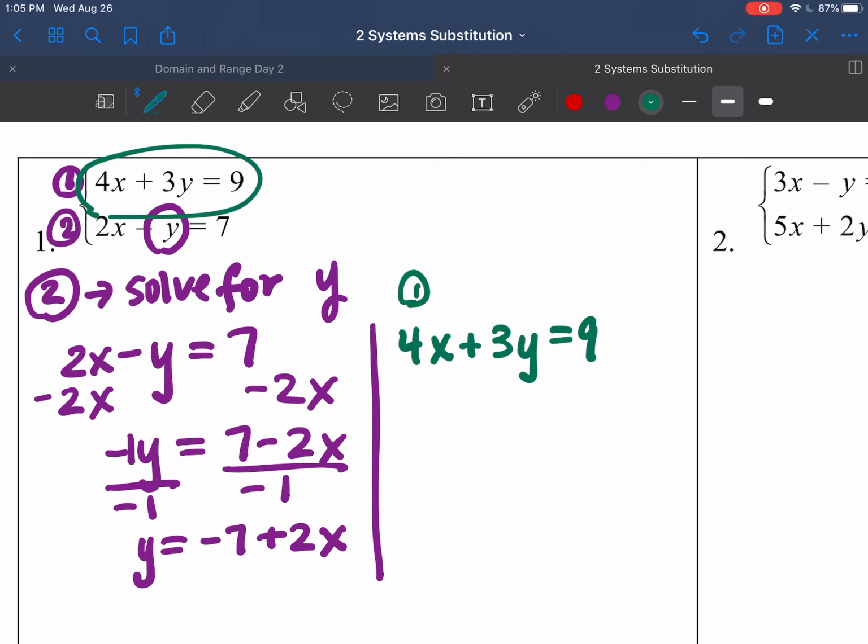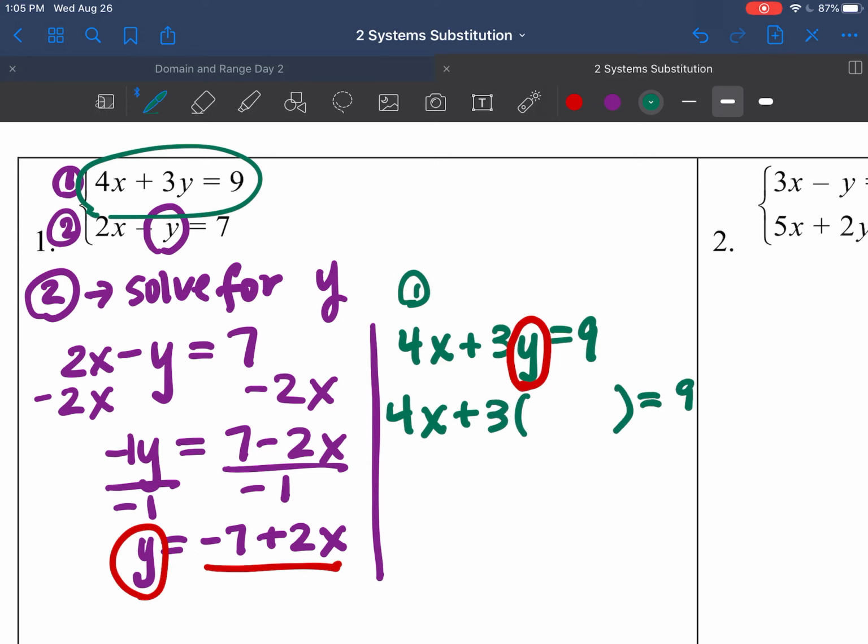So this is equation 1. And now that we have y solved for, we can replace this y with this expression. And so I'm going to rewrite this equation, 4x plus 3y equals 9. Instead of y, write a set of parentheses, because we are going to replace that y with what it is equal to.